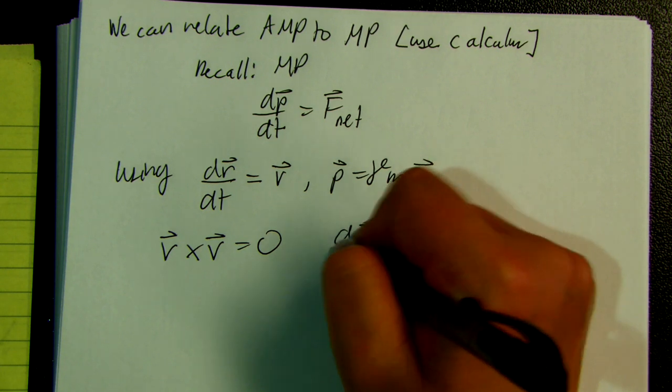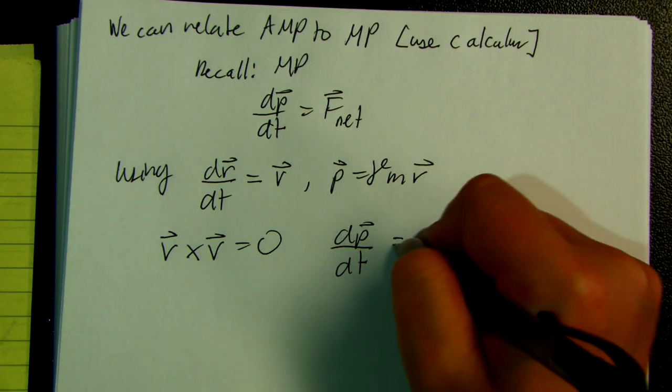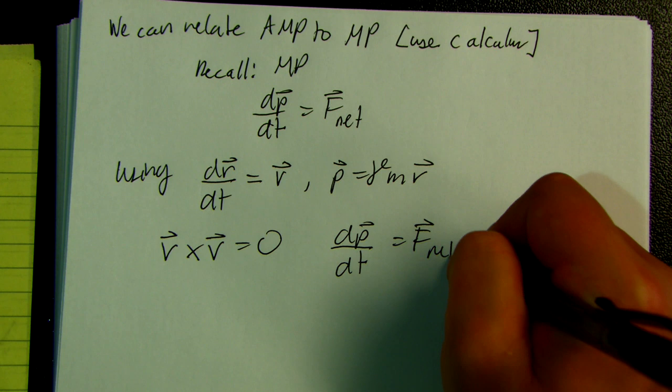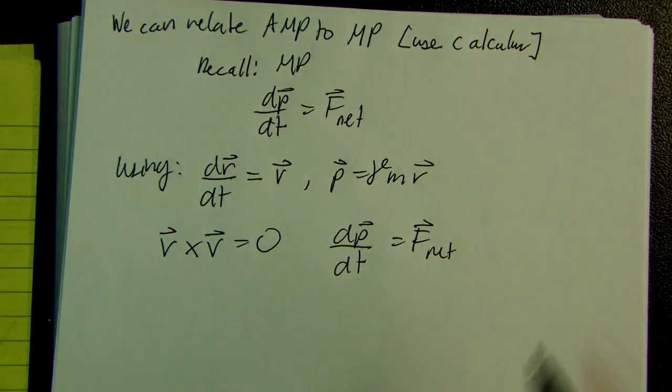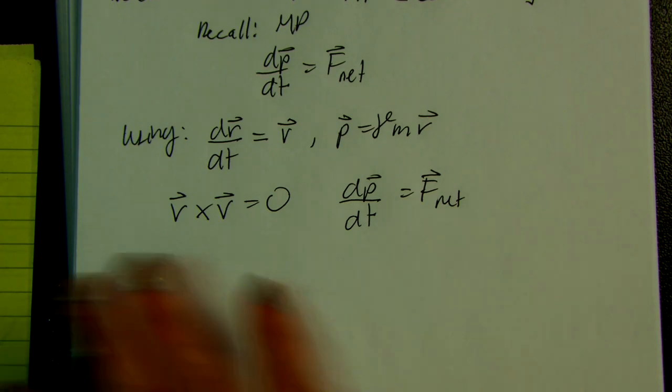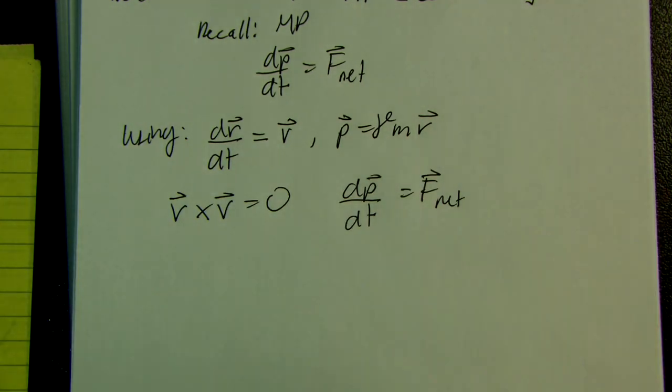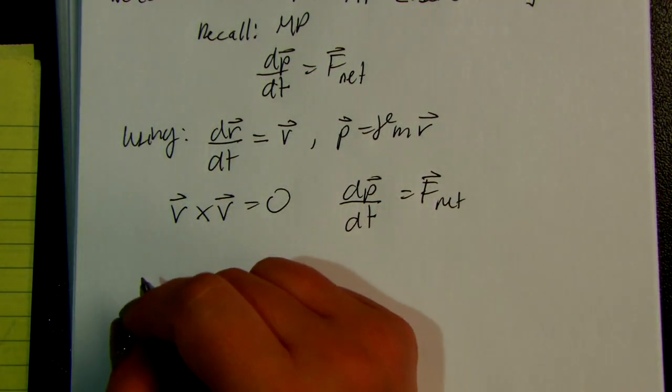So dp/dt is equal to F net. Okay, so this is what we're going to be using. One of them's a repeat. And if any of these aren't clear to you, you should prove them to yourself.